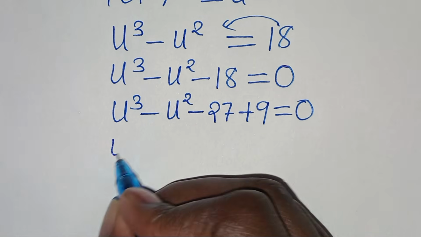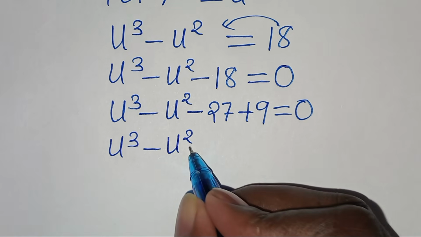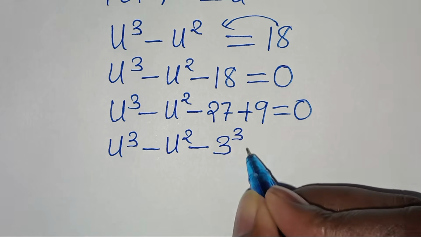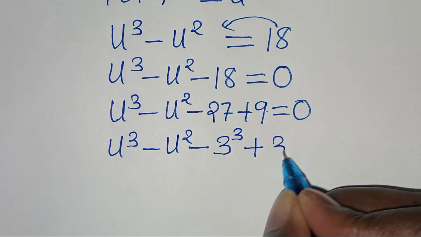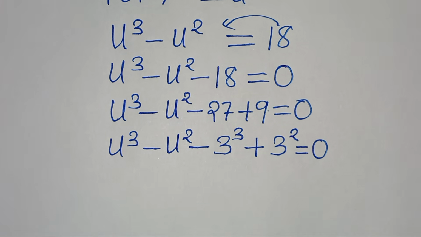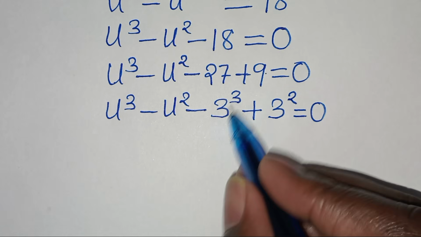So we have u to the power of 3 minus u to the power of 2, subtract 27, which is 3 to the power of 3, then plus 9, which is 3 to the power of 2. This is equal to 0. So we have u to the power of 3 and 3 to the power of 3 here.